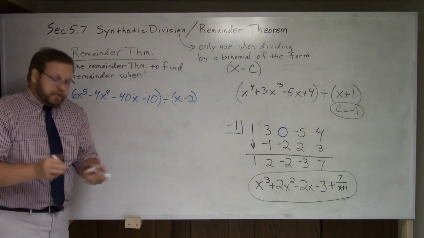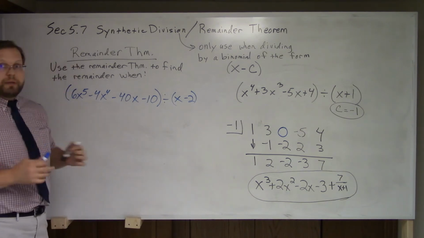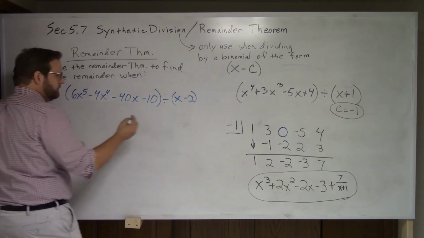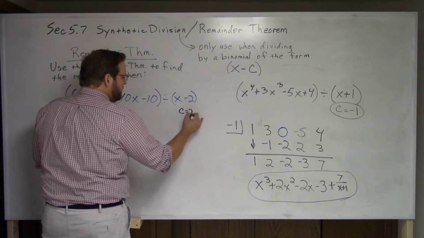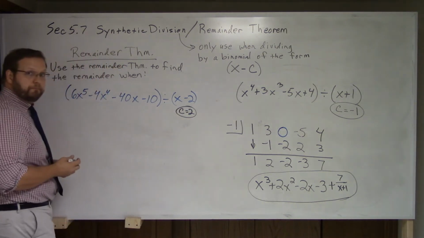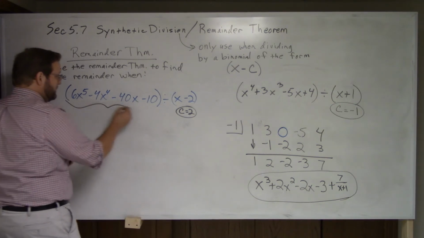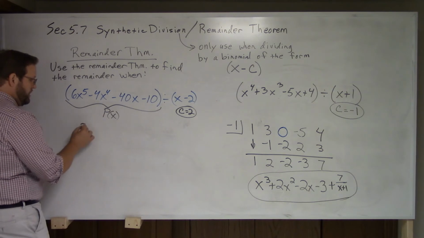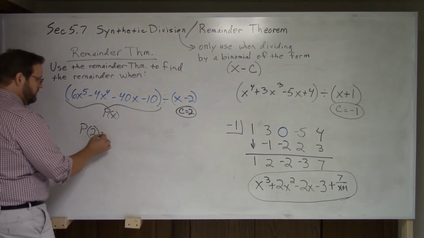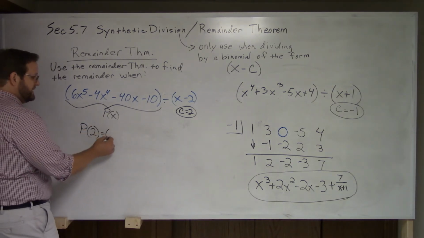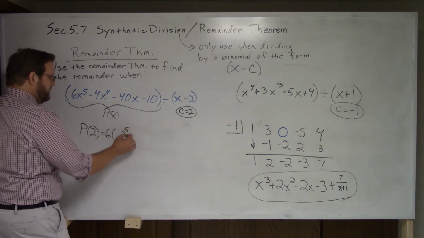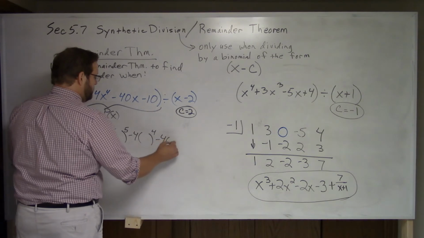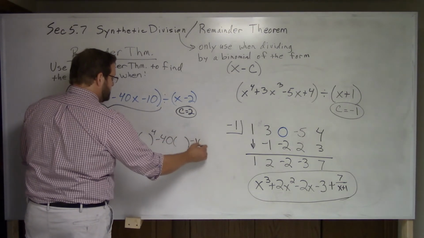But again, it very clearly states use that remainder theorem. So what we're going to do is first identify that the C value is a positive 2. We're thinking of this as a P of x, and then we are going to plug in that 2. So I've got 6x to the 5th minus 4x to the 4th minus 40x minus 10.